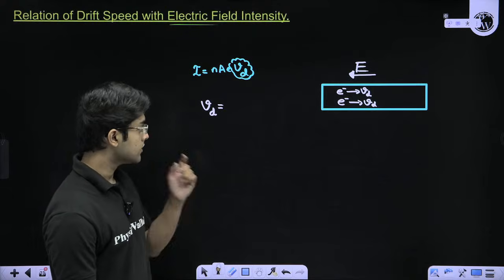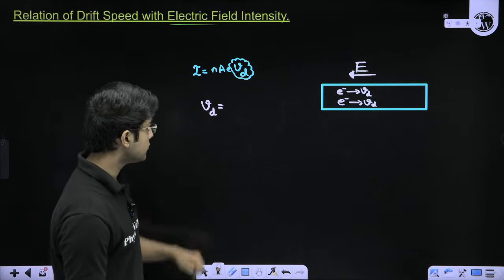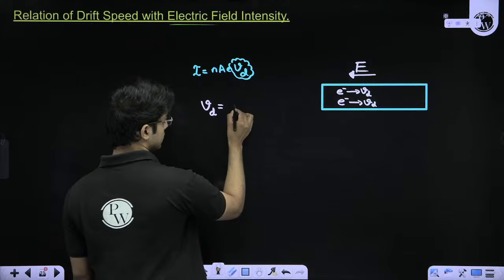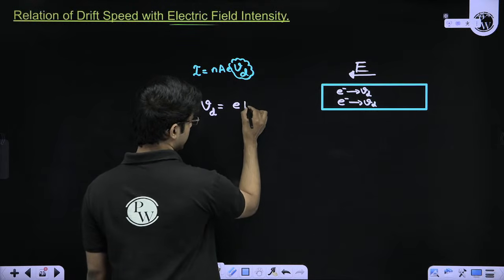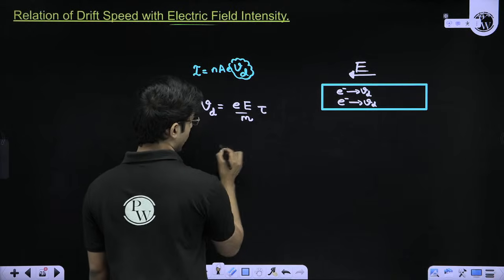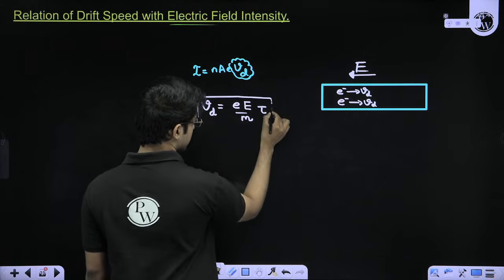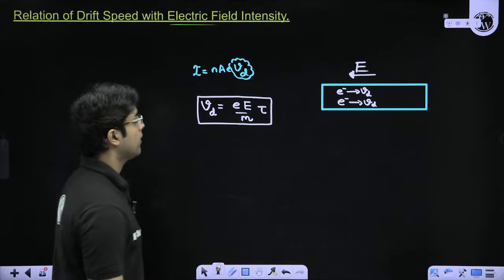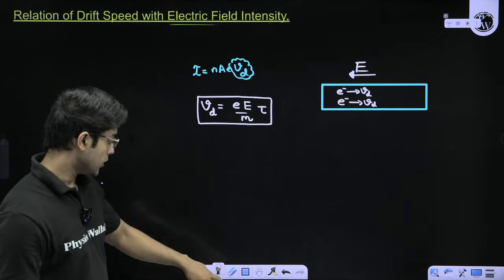So in the conductor's case, the drift speed and electric field are related as vd = eE by m into tau. Its magnitude is related like this. I'll explain each term.